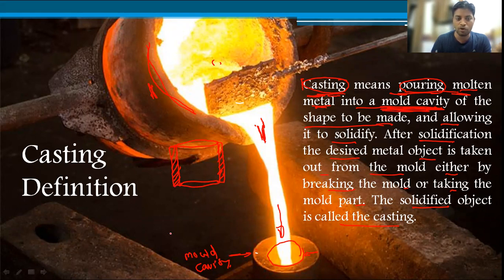We use a pattern and fill the molding sand around the pattern in the cope and drag parts, and then we remove the pattern so that the mold cavity is created. And we fill the molten material into that.